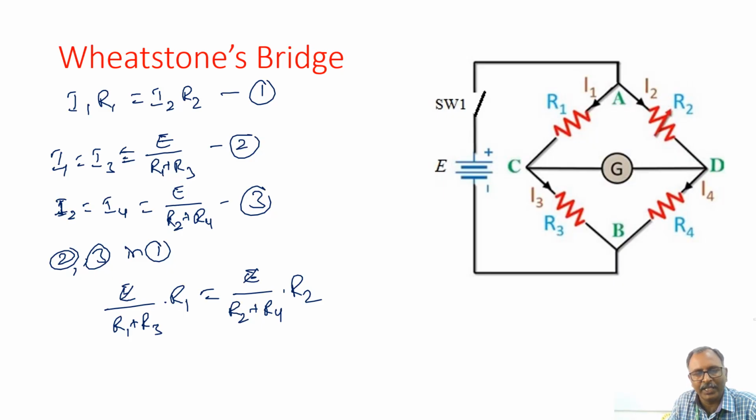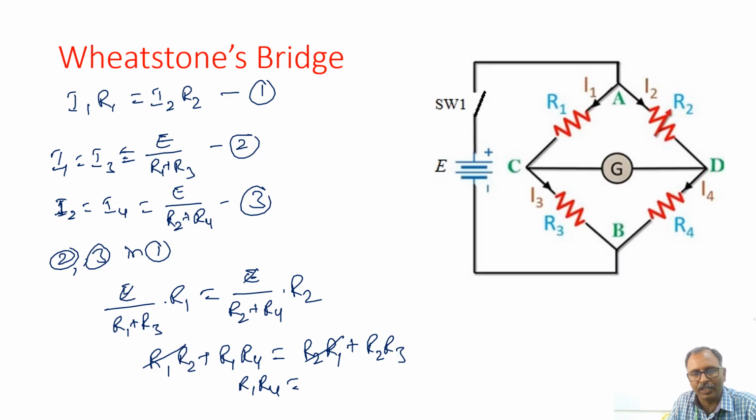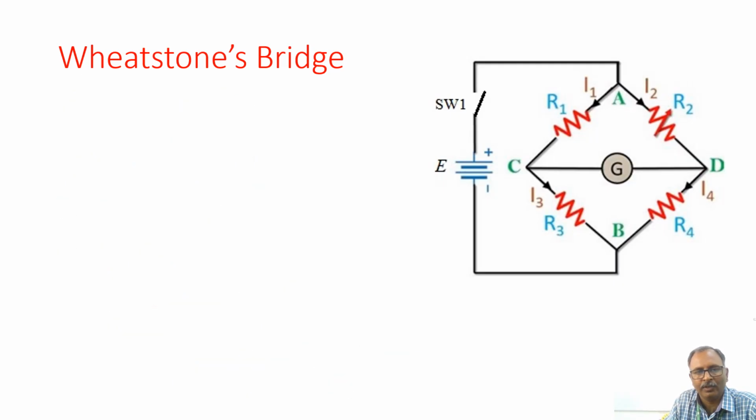If you cross multiply, we get R1 R2 plus R1 R4 equal to R2 R1 plus R2 R3. R1 R2 gets cancelled. So finally we get R1 R4 equal to R2 R3, that is, R2 R3 equal to R1 R4, which is the equation that we got in the previous slide.